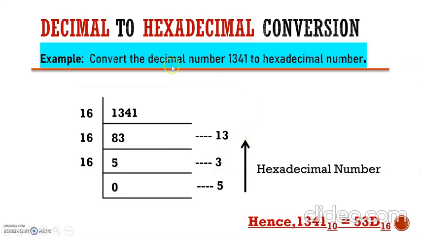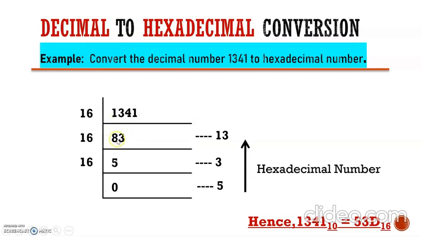Let's look at the example. We have the decimal number now, 1341, to convert to hexadecimal. So we are going to write like this: 1341 divide by 16. Of course this one you have to calculate using the calculator. When you take 1341 divide by 16, you are going to have 83 point something. We are not going to take that decimal point here, because we are doing long division.